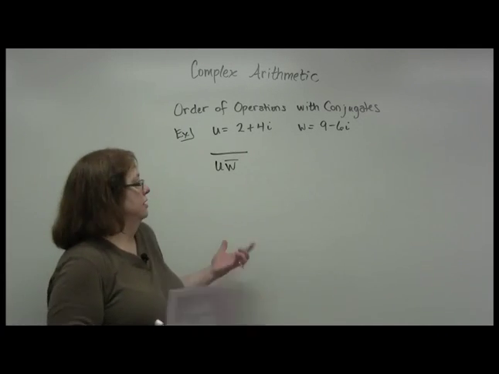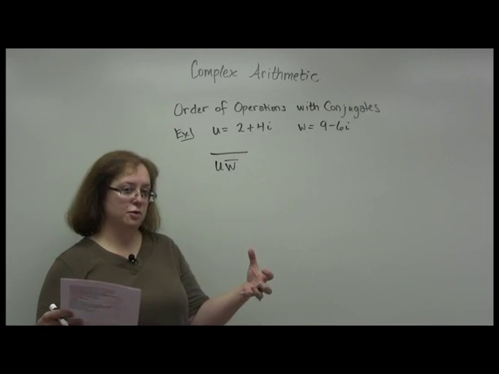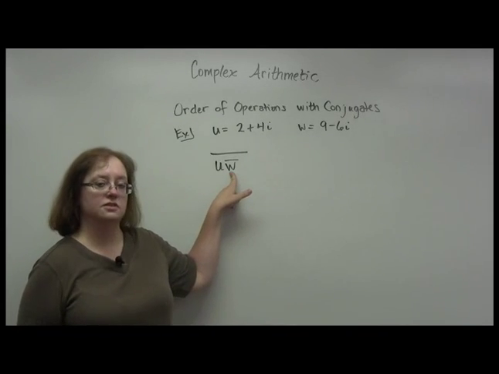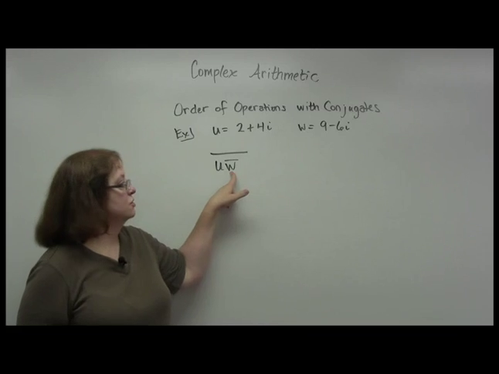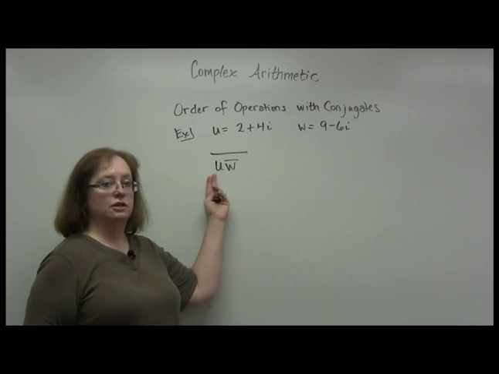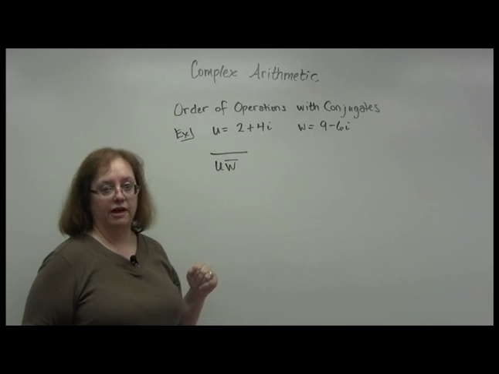I want to do it in order of, remember how you used to do in Algebra 1? You did inner parentheses first? Okay, I pretend like there are parentheses around this w bar. So I'm going to do that conjugate first, then I'm going to work out the multiplication, then I'm going to do the conjugate of the whole thing.